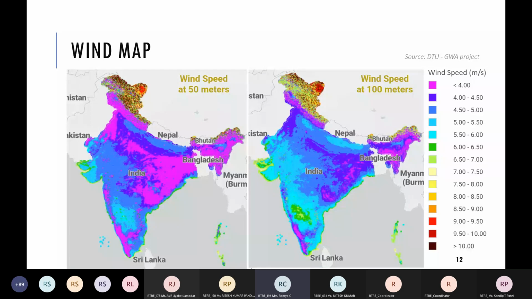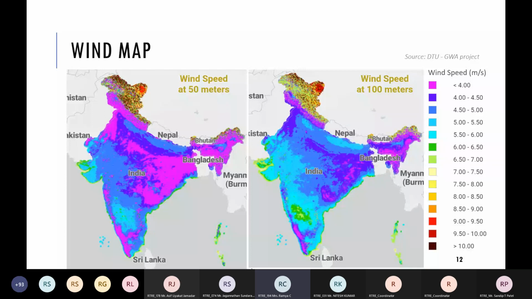There are so many agencies. This image I have taken from the Global Wind Atlas project, sourced by DTU. Another one is CWET, which is an Indian organization, and you can buy data from them at very cheap cost for a particular latitude and longitude.